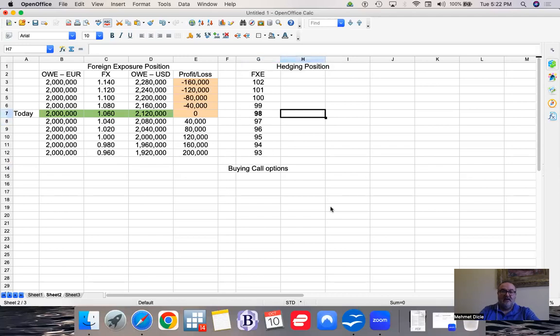Which means that if we're buying a call option at the strike price of 98, we have a right to buy at $98 per share of the FXE, which is 100 euros. Again, if we have a call option at 98 strike, that means we have a right to buy the FXE, which is equal to 100 euros, and FXE is an ETF, at 98. So currently our profit with this is 0.